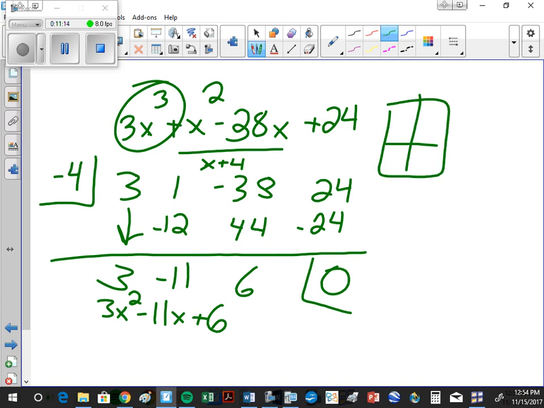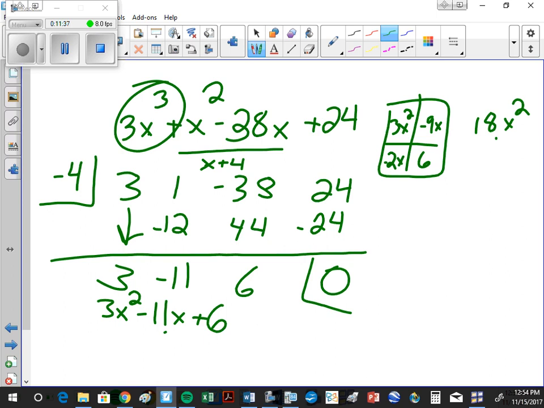I use the box. 3x squared and 6, multiply those together, and I get 18x squared. Are there factors of 18 that add to be negative 11? What are they? Negative 9x and negative 2x.